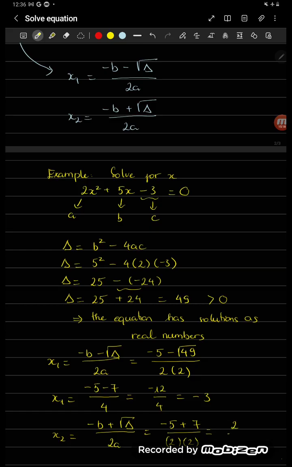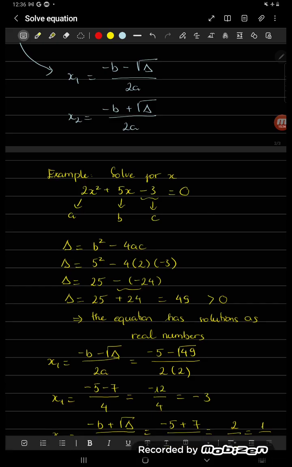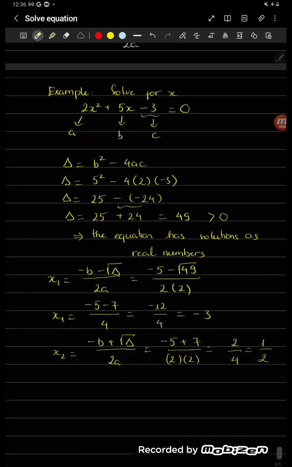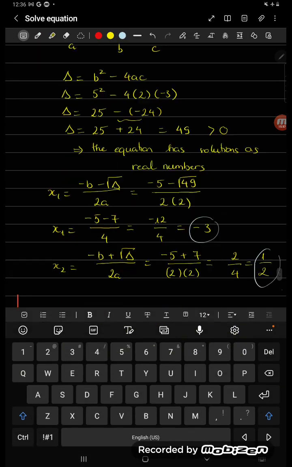So we have 2 over 4, and the answer is a half. So we have solved the equation: x1 equals negative 3 and x2 equals a half. It's done, pretty easy.